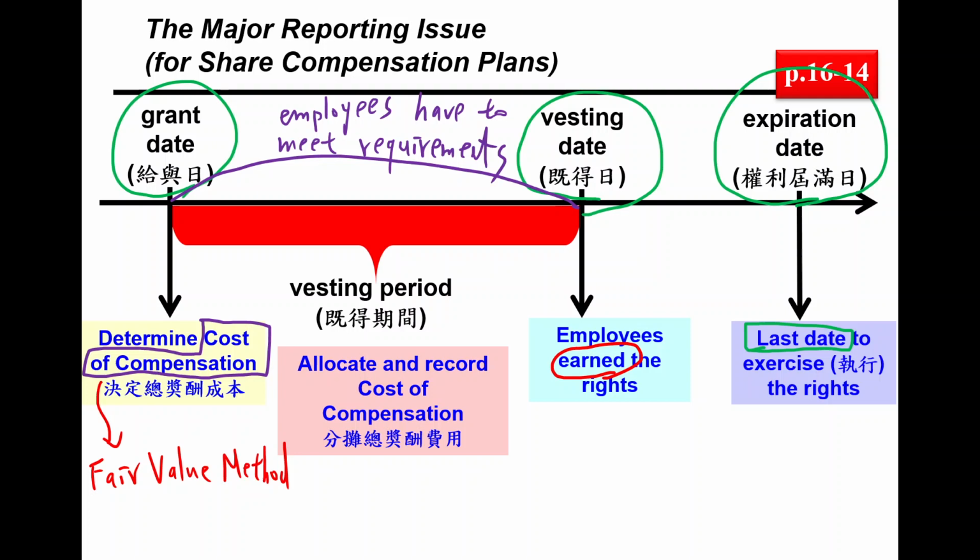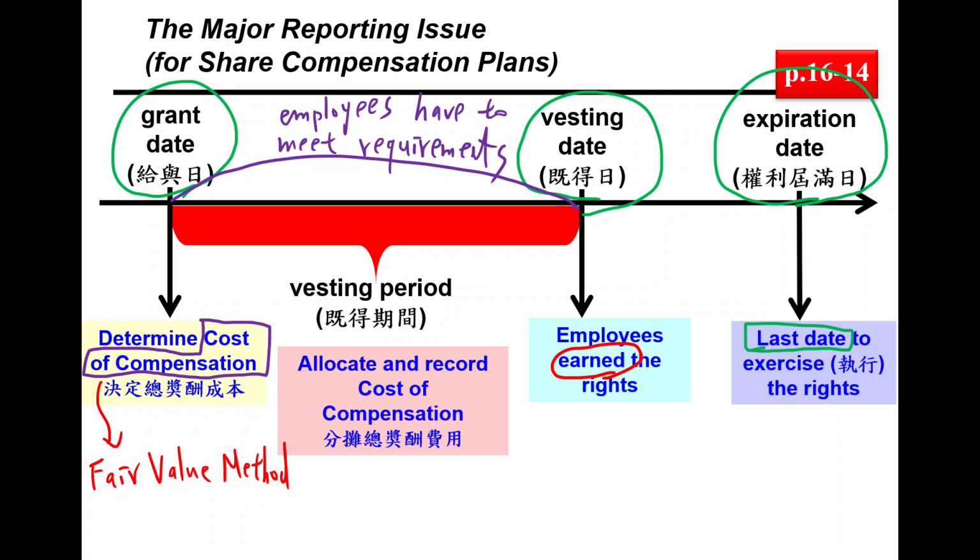Which fair value? Whose fair value, the shares or the right? The right, because we give our employees the right.